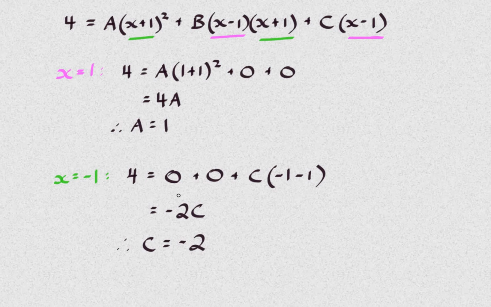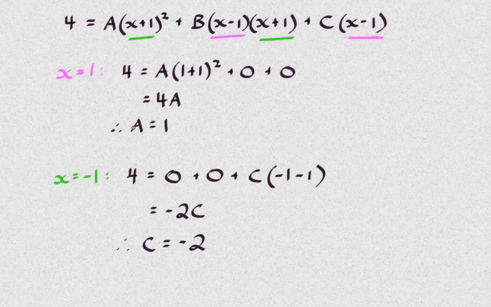Okay, so a and c, tick, tick. What about b? Because we notice that it's a little bit tricky now, there are no other values of x to just plug in so that we get b straight away.